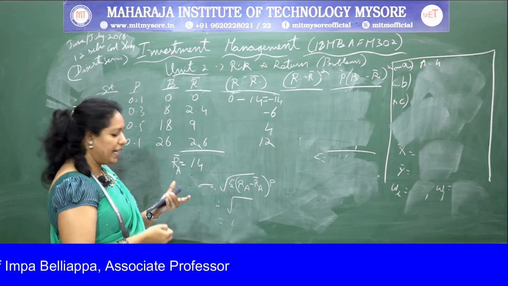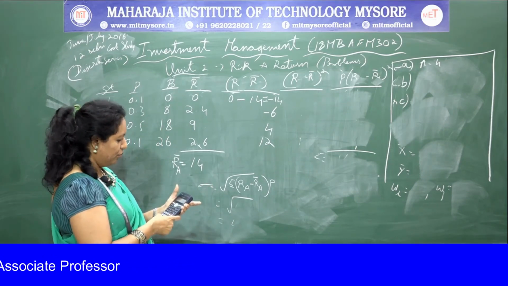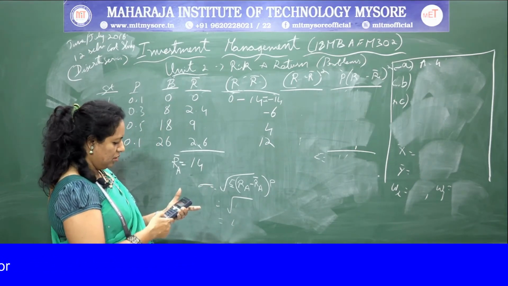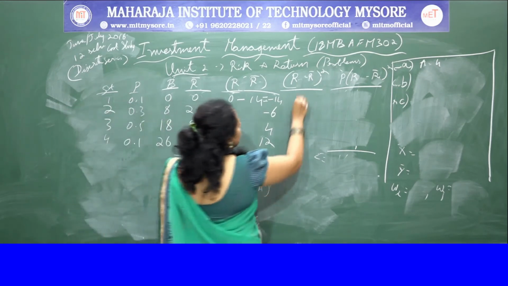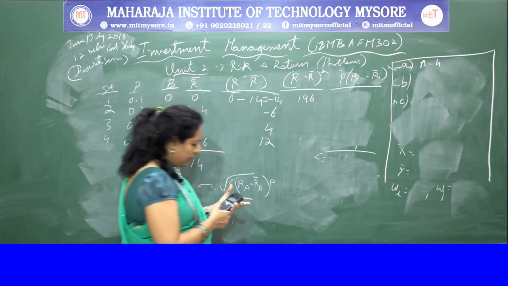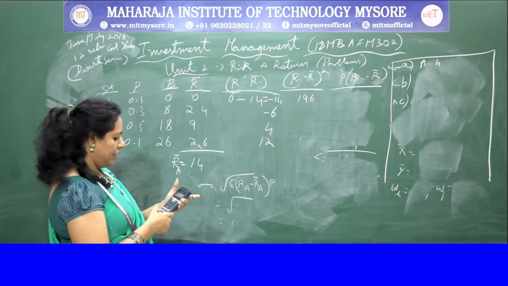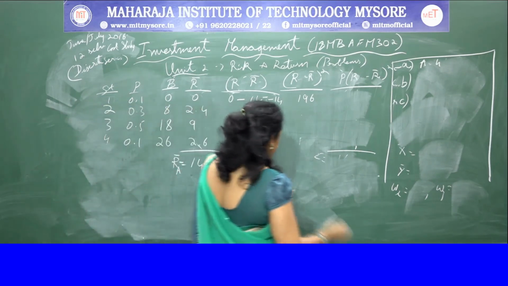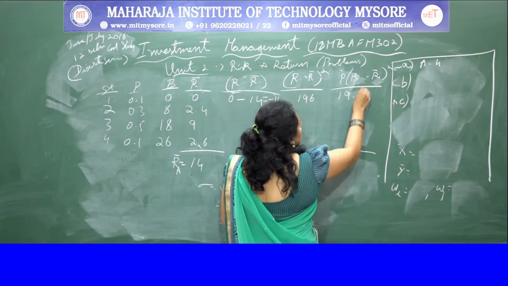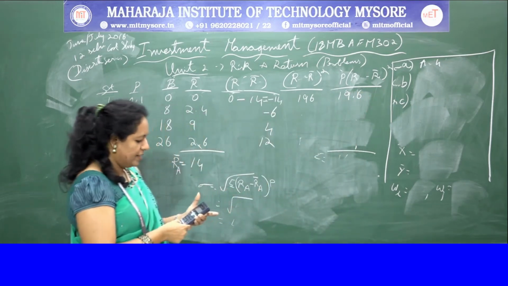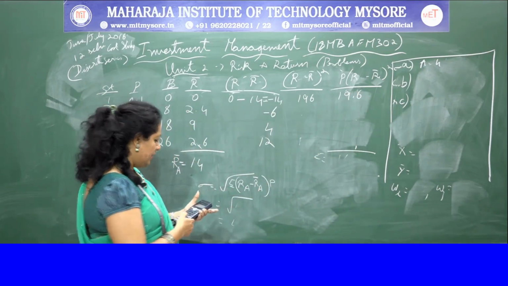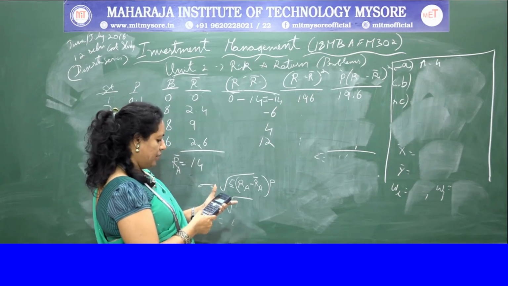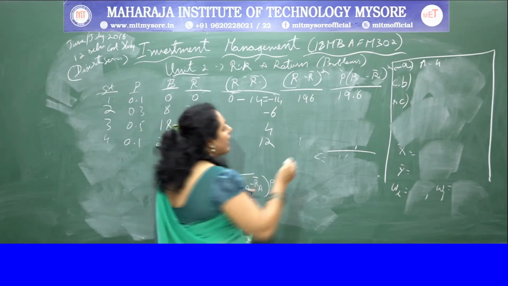Okay, again we have to square that. So 14 into 14, you get 196. I'll do the probability there itself, into 0.1, you get 19.6. Then you get 6 into 6, 36 into 0.3, you get 10.8.